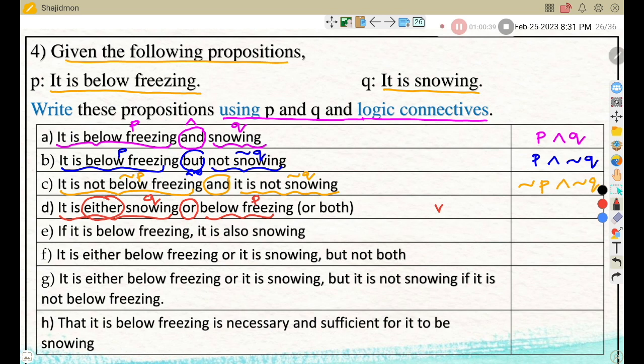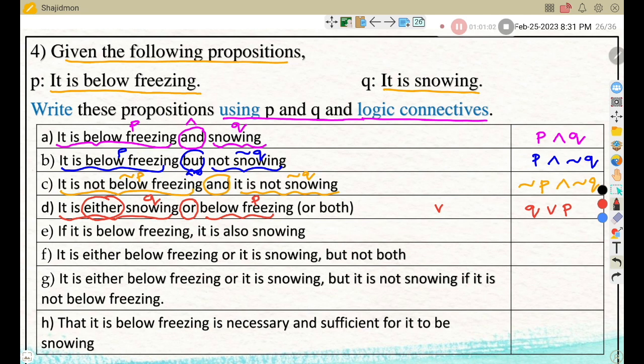So the or symbol. Not both means we will not use the or symbol, that's why I wrote or both like that. Not both means the XOR symbol actually. That will come as another example. So it is either snowing or below freezing, which means we can write Q or P. P or Q is also correct, logically equivalent.